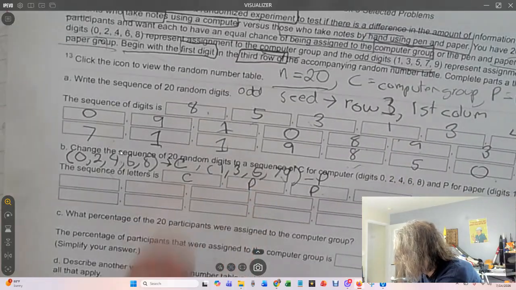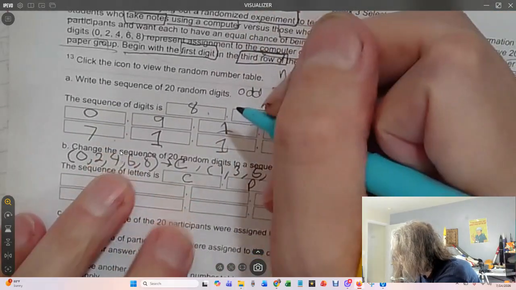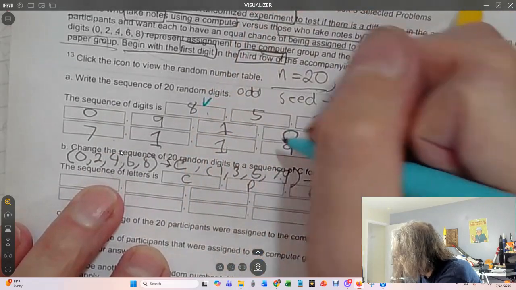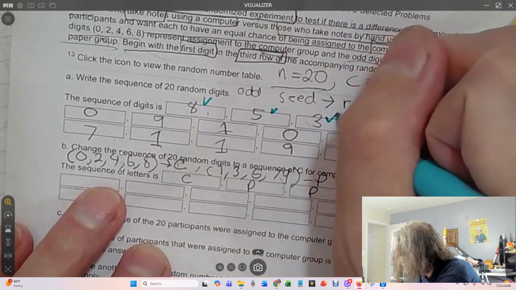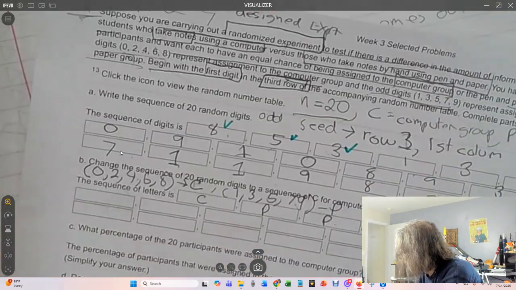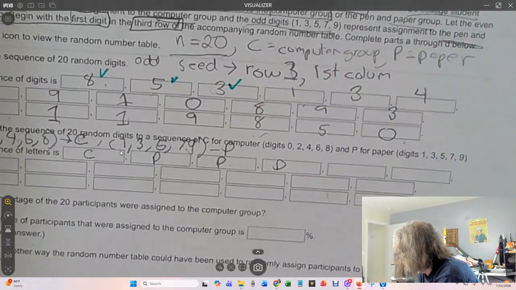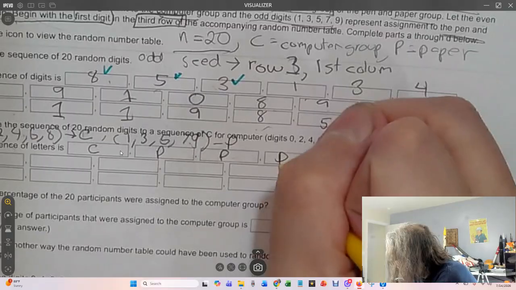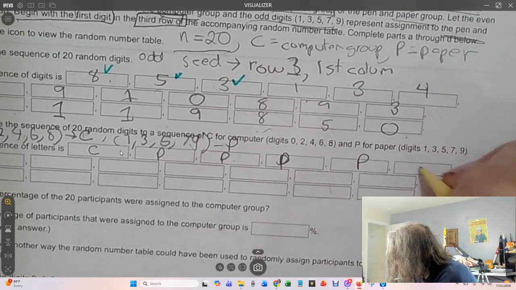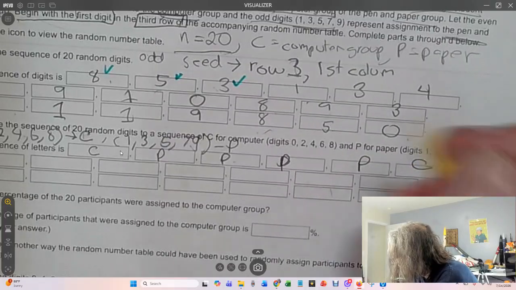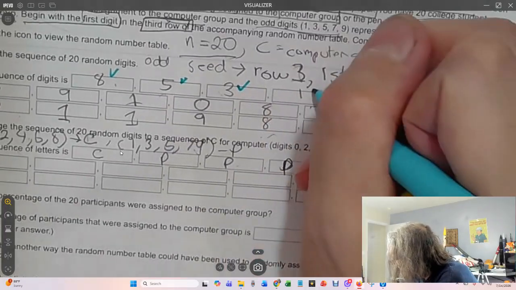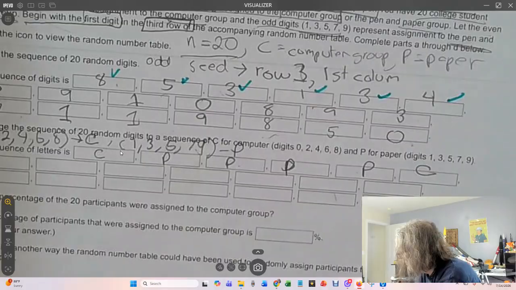And as I go through these, I'm going to check these. I've got C, P, paper, and then there we are. We got odd, it goes to paper. Then 3 goes to paper, and 4 goes to computer. There we are. We got those coded.